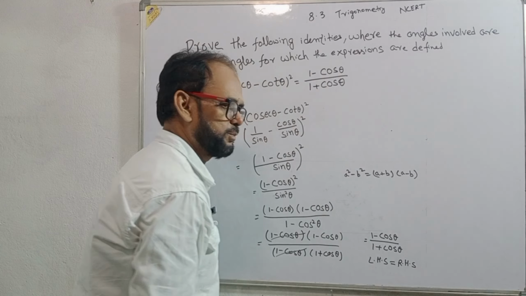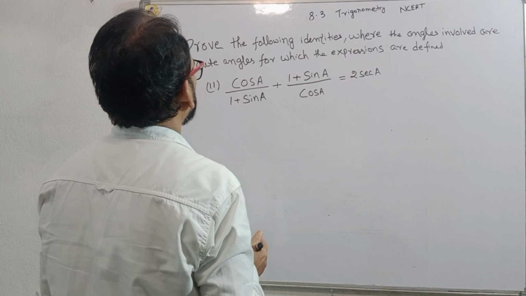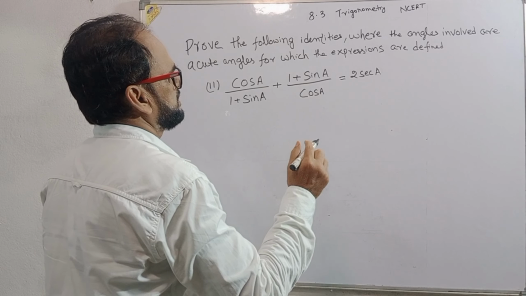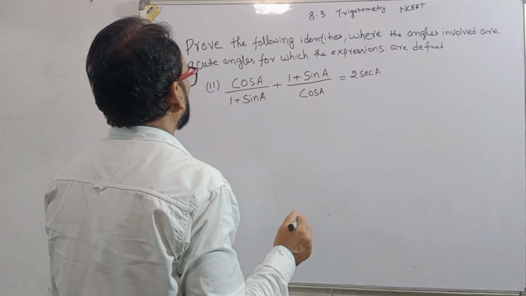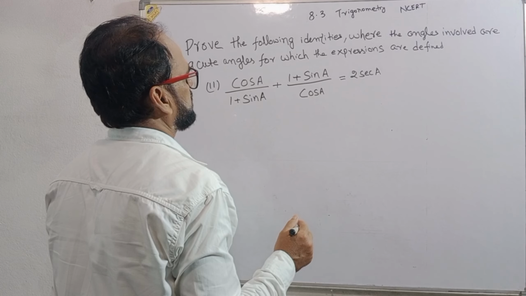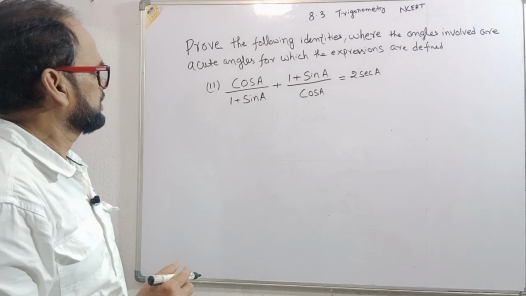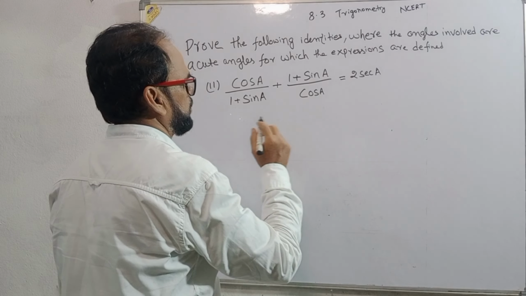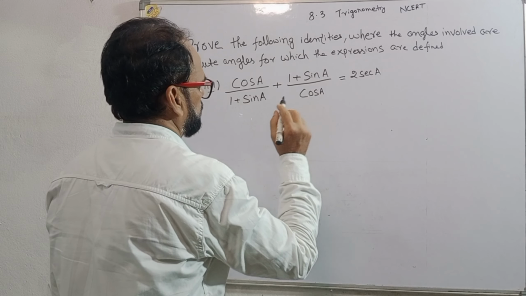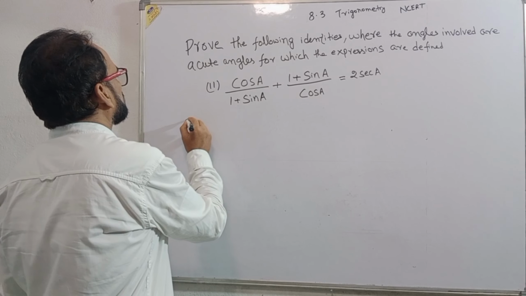This is proved. Question: Prove the following identities where the angles involved are acute angles for which the expressions are defined. Question second: cos A divided by 1 plus sin A plus 1 plus sin A divided by cos A equal to 2 sec A. Here solution.